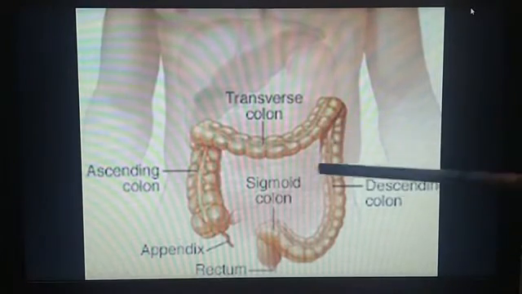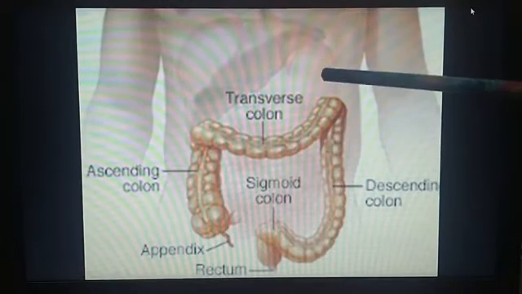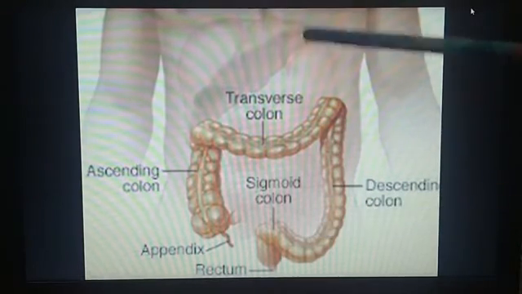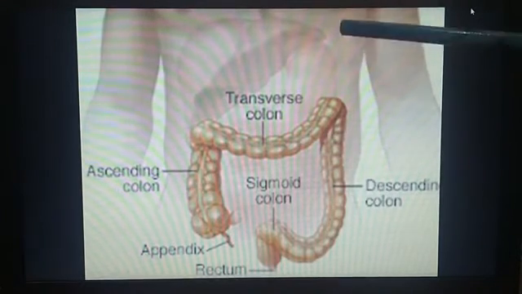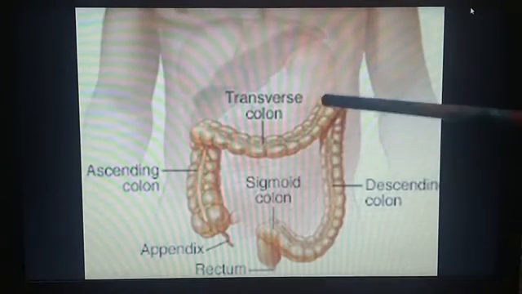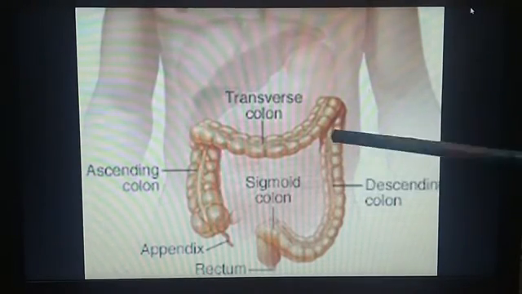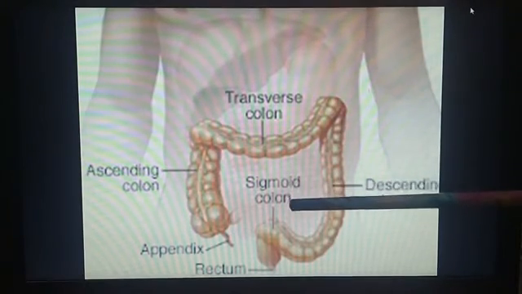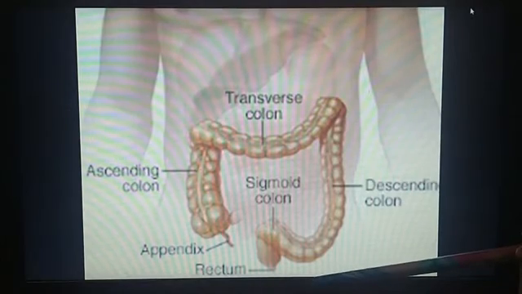Children, the large intestine is wider and shorter than the small intestine, approximately 1.5 meters or 5 feet in length. It is divided into 3 main parts, or you can say 4 regions: cecum, colon, rectum and anus.